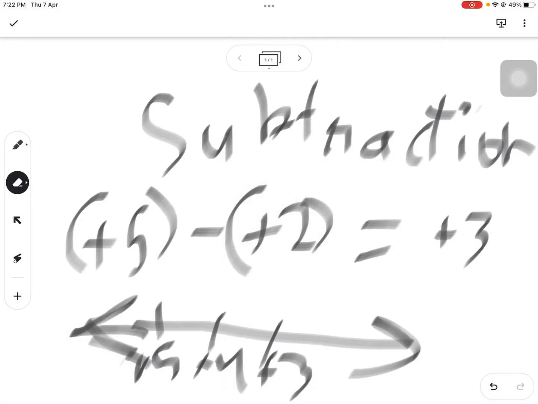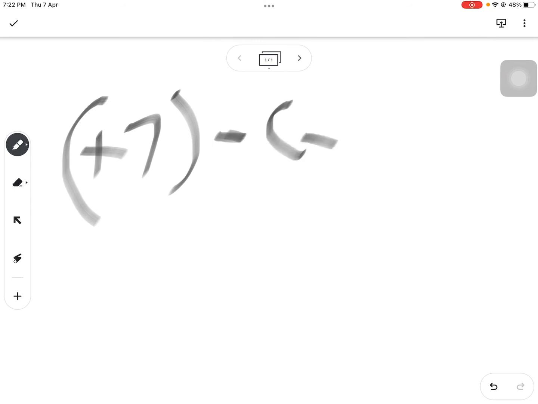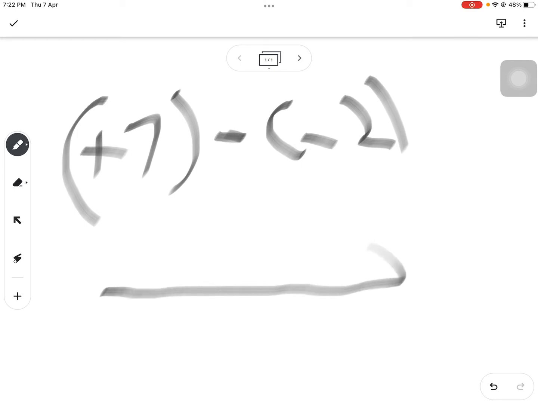For our next question of negative integers, we have positive 7 subtracted by negative 2. So we are having a negative 2 and a positive 7. So our first integer is positive 7.